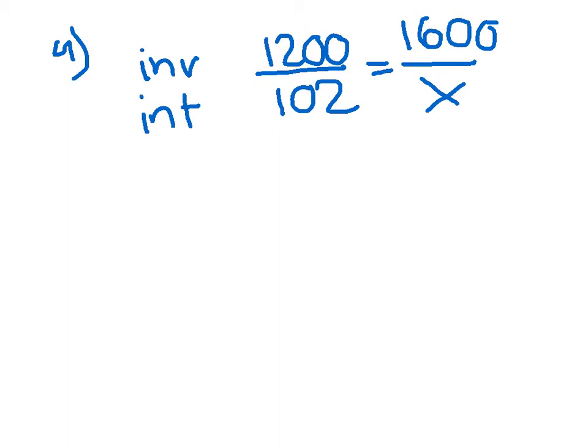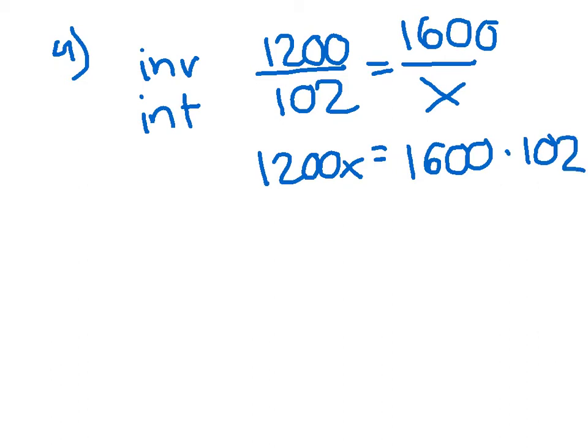Now in solving this, some people like to go straight into doing their cross products, so they'll go ahead and multiply 102 times 1,600 and 1,200 times x, and they'll get right away 1,200x equals whatever the product is of 1,600 times 102. Another option is if you want to deal with smaller numbers, you can simplify the ratio that has a complete fraction so that you're not dealing with such large numbers when you multiply or divide.